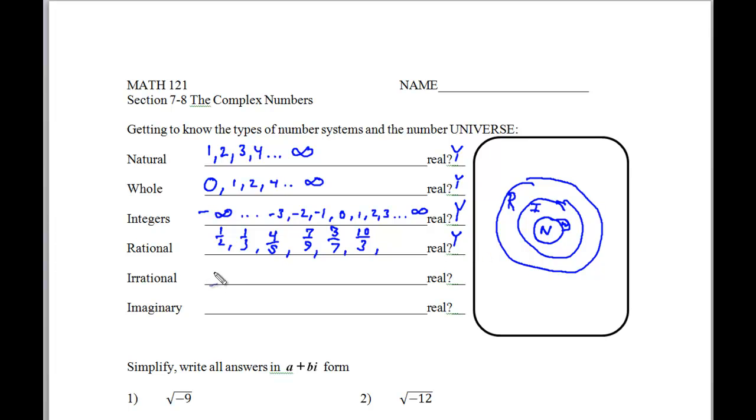Now, the irrational number universe is even bigger than that, because attached to every single rational we can attach an irrational number. Irrational numbers are square roots that cannot be simplified any further. For example, the square root of 3 cannot be simplified any further, or the cube root of 5.